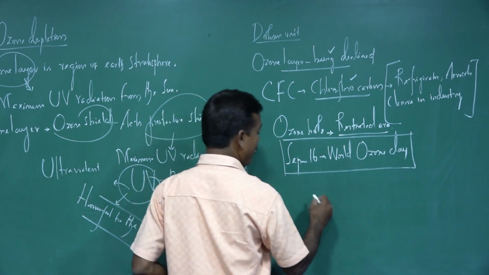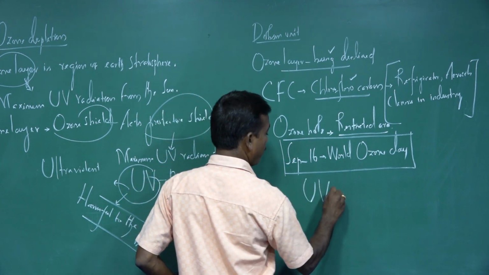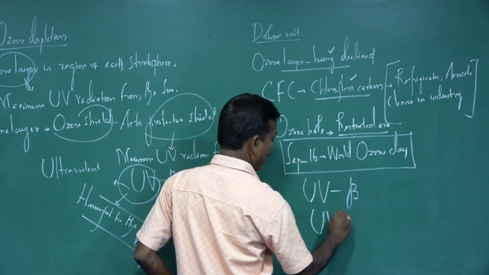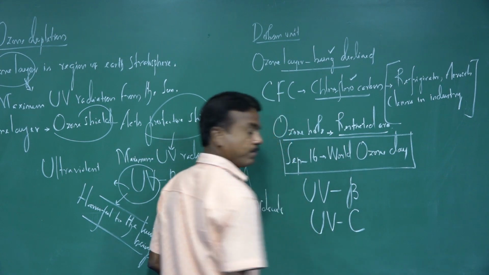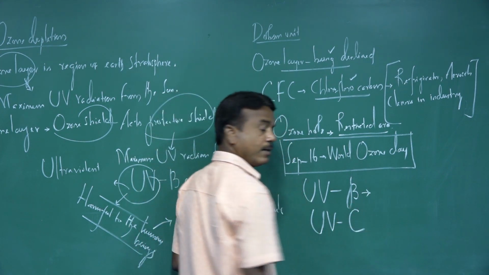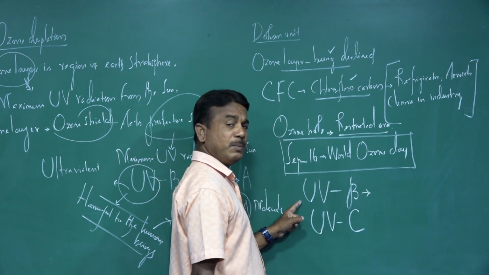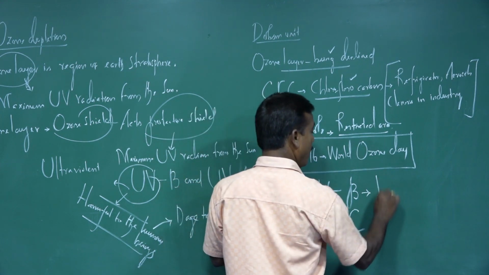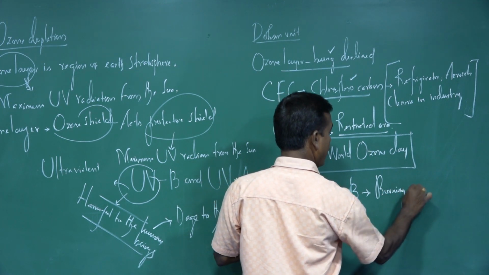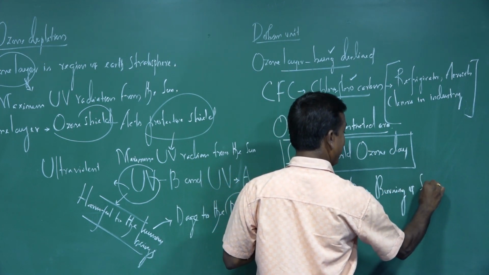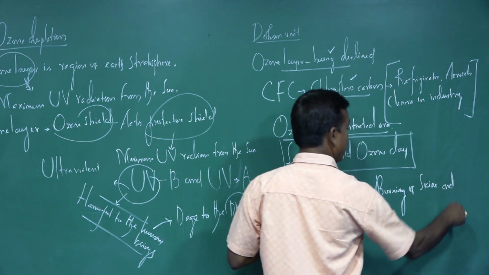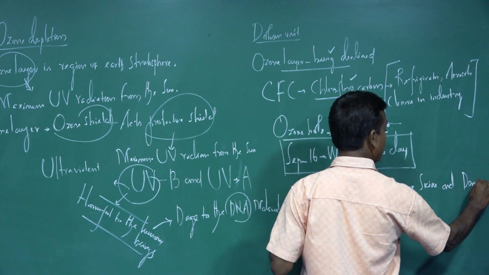What types of UV rays enter the earth due to depletion of the ozone layer? Namely UVB and UVC. When UVB enters the earth, it causes burning of skin and damage to the tissues.